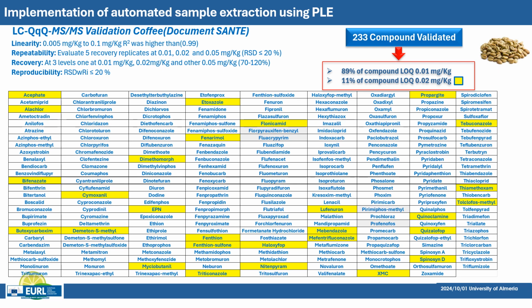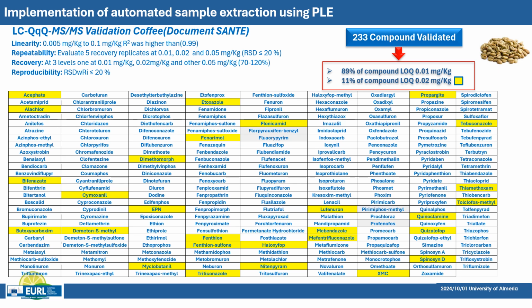In green coffee, parameters such as linearity, repeatability, recovery, and reproducibility have been evaluated for validation at 3 concentration levels: 0.01, 0.02, and 0.05 mg per kilogram. 233 compounds have been validated, obtaining 89% of the compounds at 0.01 mg per kilogram as LOQ.